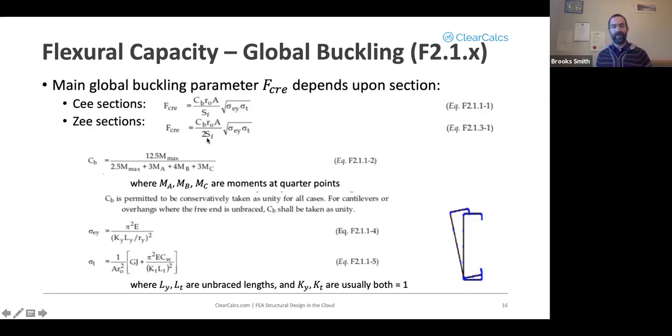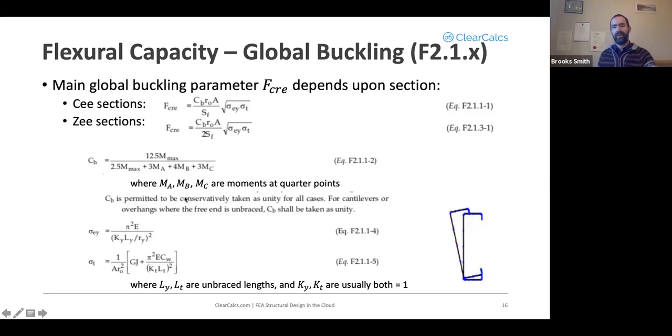You'll notice that the equation for a Z section is exactly half of that for a C section. And the values you haven't seen in there before are CB, sigma, and the two sigma values here. CB, you may have seen in other material designs.